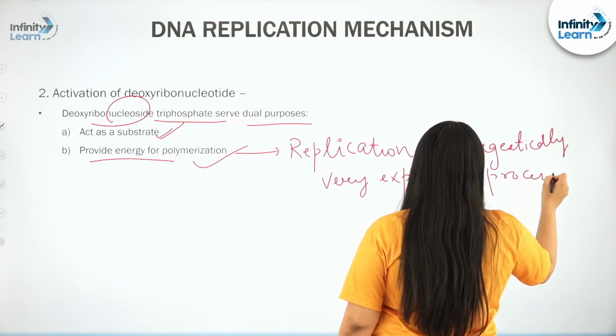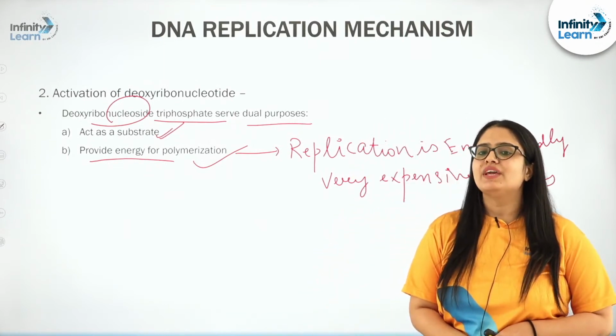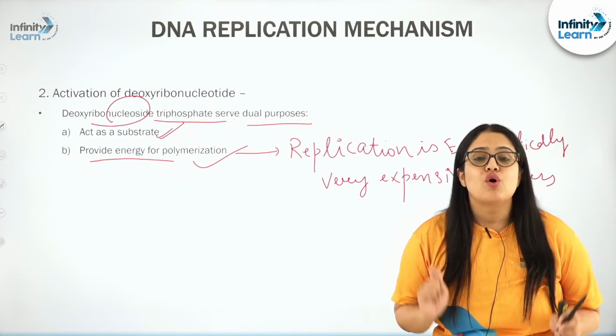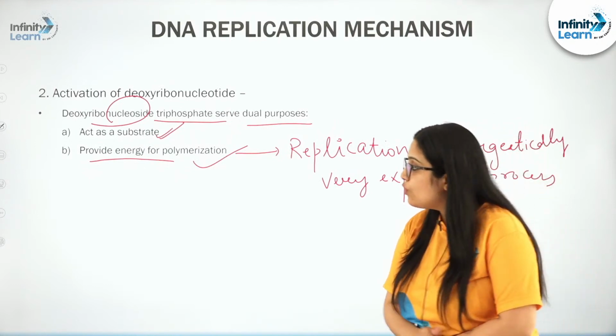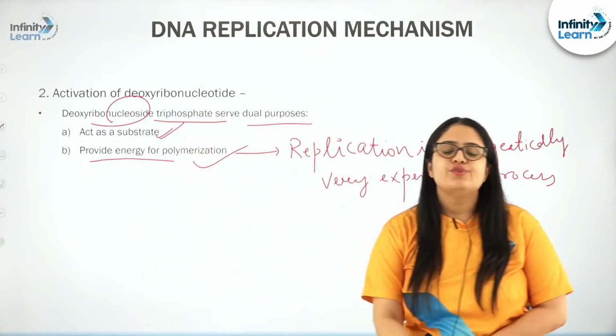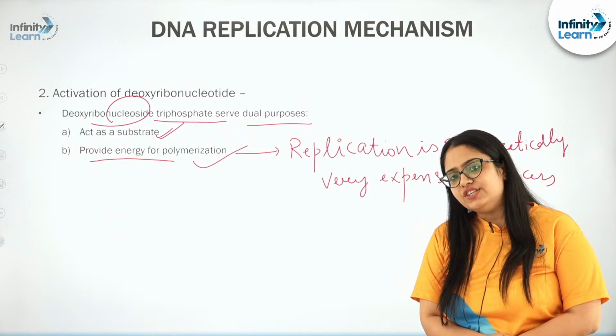And when I say replication is an expensive process, that simply means a lot of energy will be involved during replication. So these deoxyribonucleoside triphosphates will provide energy.